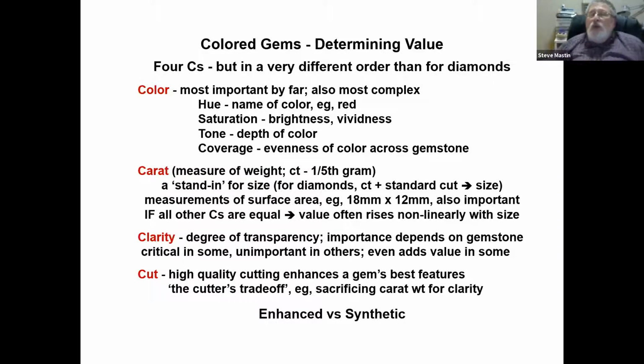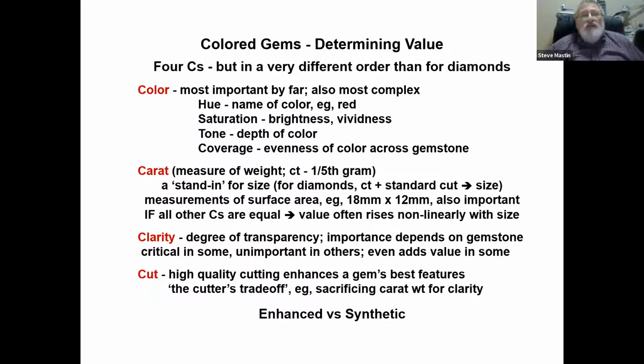But that doesn't work for almost any other colored gemstone. And so what you have to do in order to really know something about that gemstone's value is measure the surface area. And it's measured in millimeters.